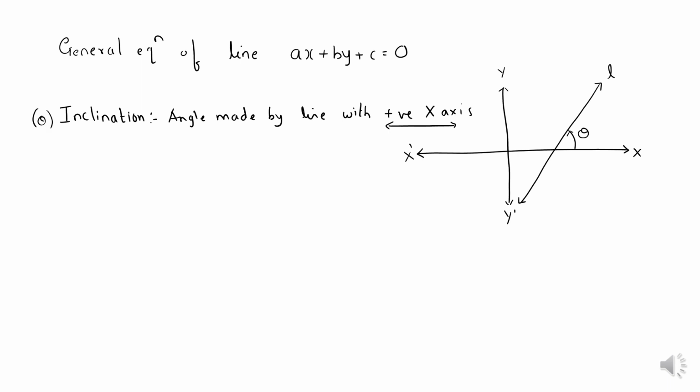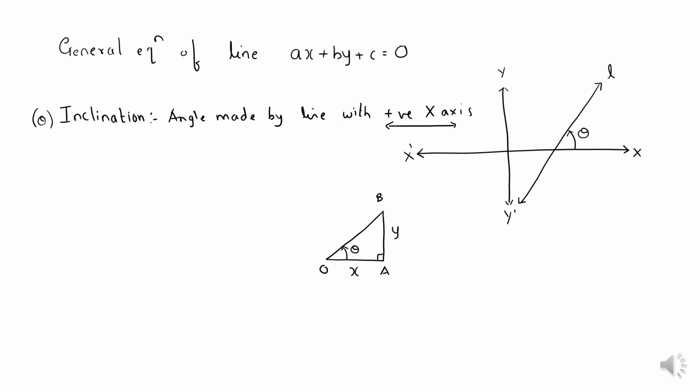Now if I take a small part of this line and drop a perpendicular, let us say this is O, this is A, this is B, and O is the origin, then AB can be y, this can be x, and this angle made with positive x-axis is the inclination, that is theta.